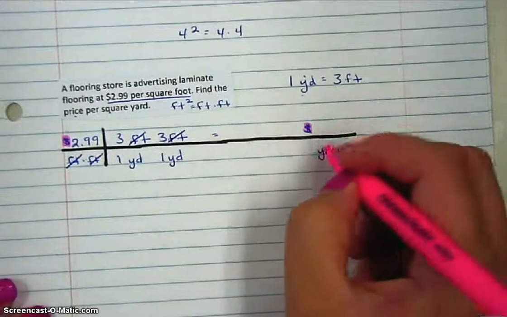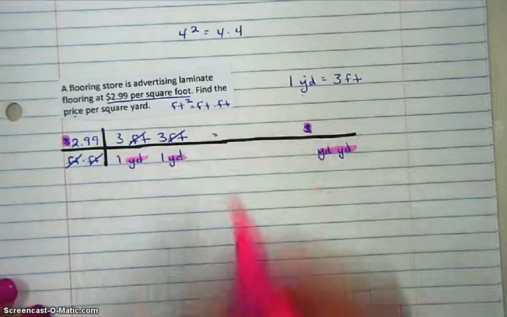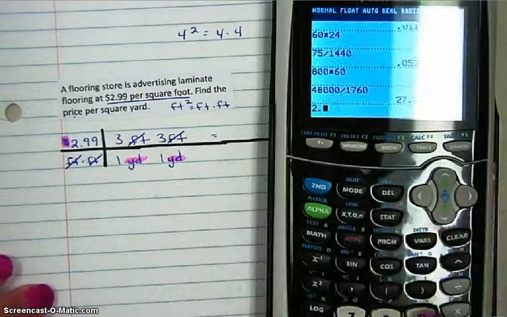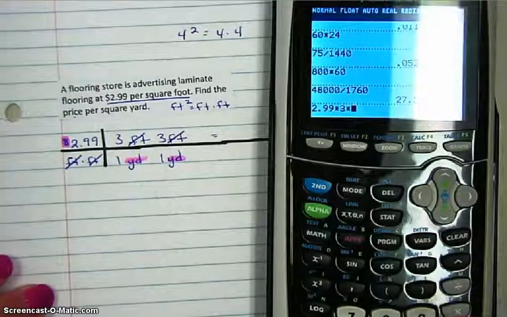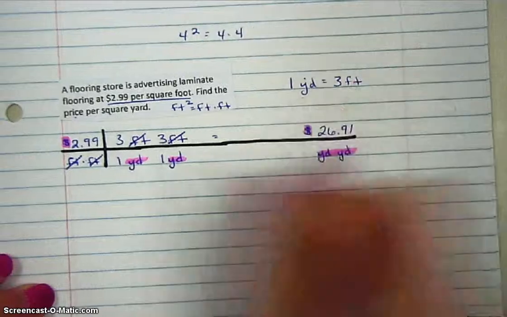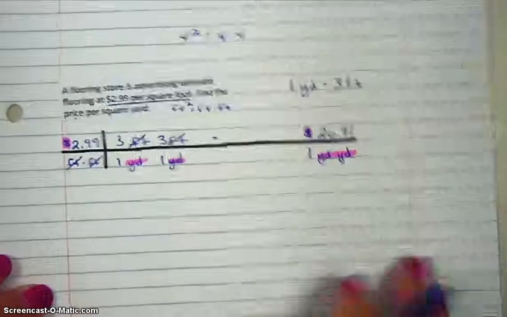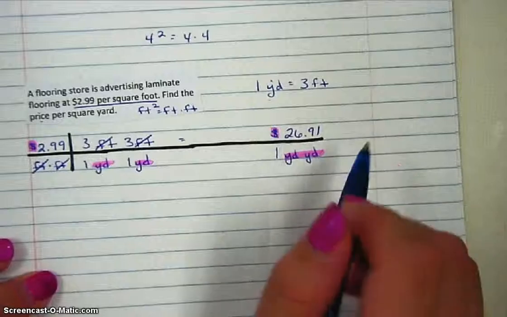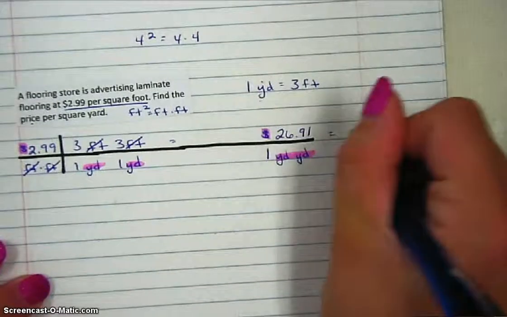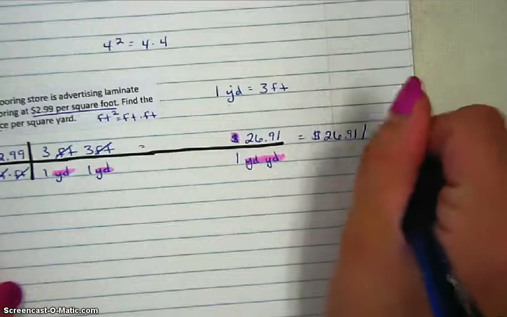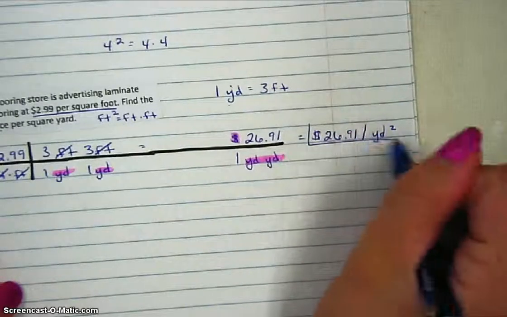Notice I am checking yards on bottom, yards on bottom. So 2.99 times 3 times 3 is 26.91. And then 1 times 1 is just 1. Now, of course, we don't go around saying $26.91 per yard times yard. We're going to actually say that this is $26.91 per yard squared, because it makes better sense that way.